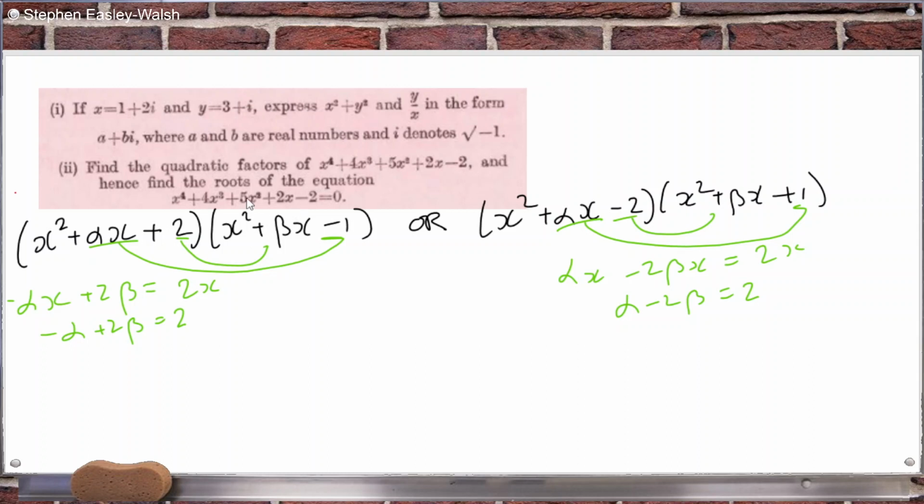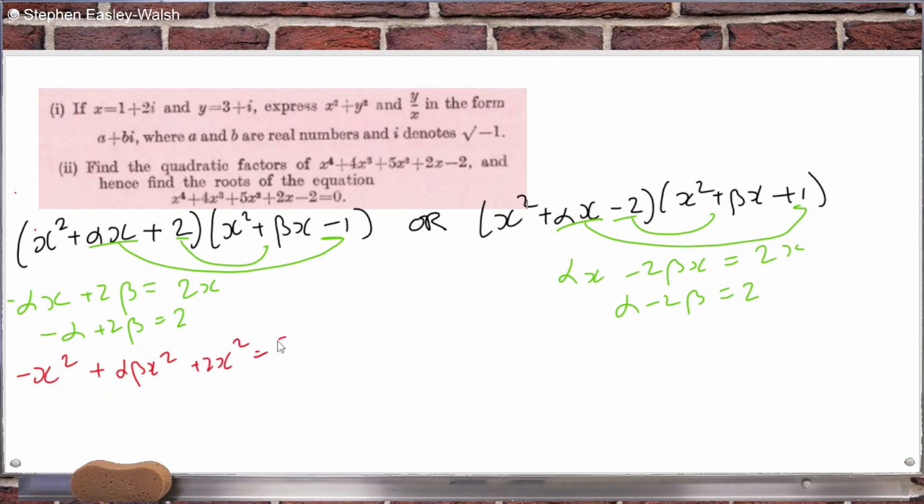What'd be the next easy one to get? Maybe the squares. So x squared times minus 1, so that's minus x squared. And then alpha x, so plus alpha beta x squared, and then plus 2x squared.